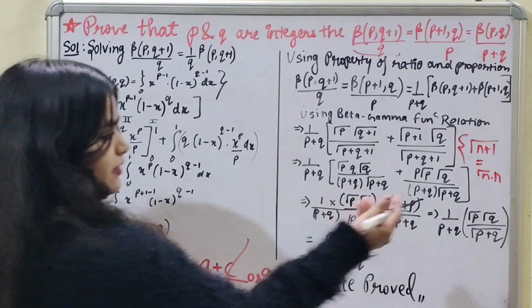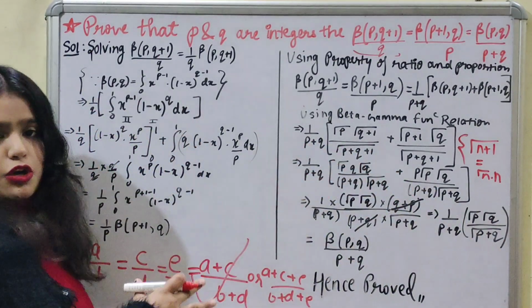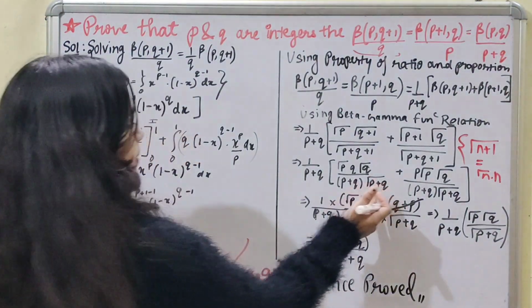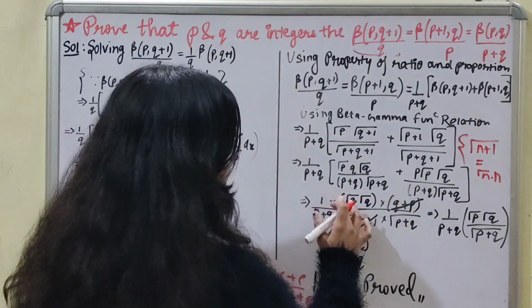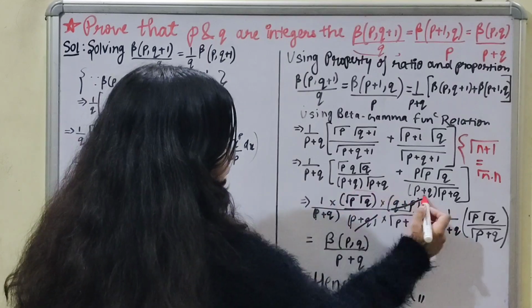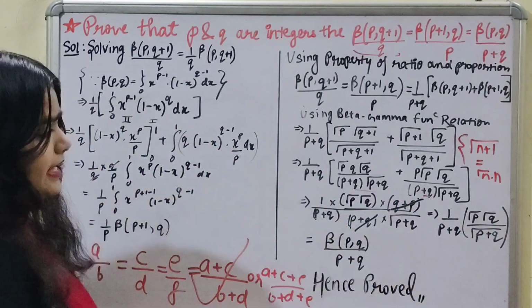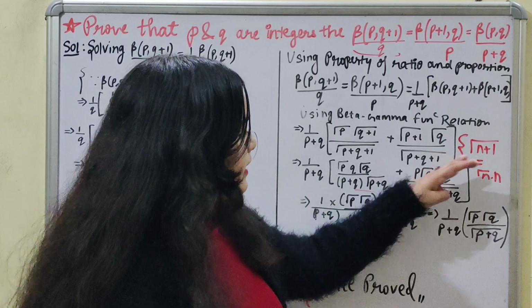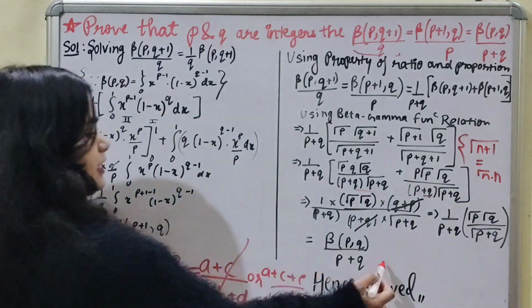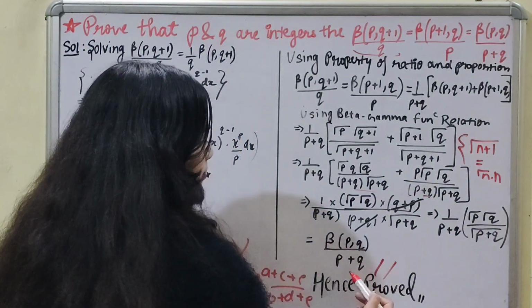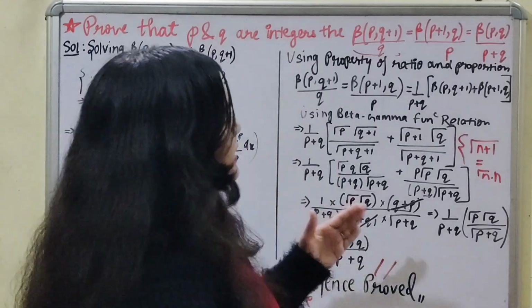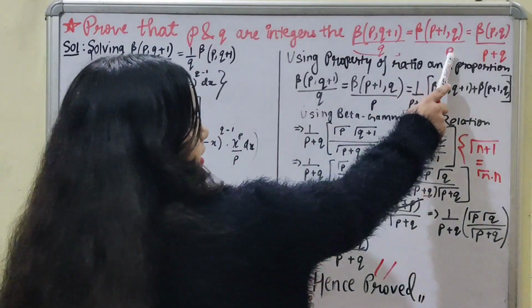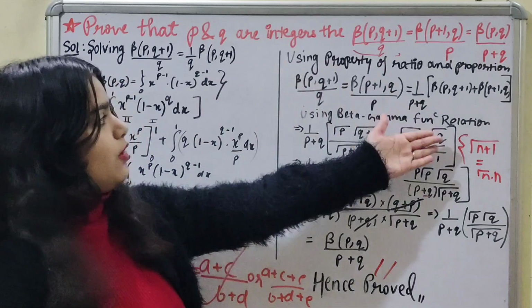Then we took the common terms outside, that is gamma of p and gamma of q, and the denominators were the same. After solving this, we got beta of p comma q upon p plus q. That means we have proved the whole relation.